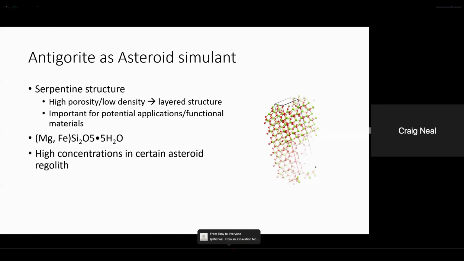It can also take chemicals out of the environment in the same manner, and can also be used as an energy material because of the porous structure, allowing for charge transfer and sequestration of charged ions. So Antigorite is a silicate, and a hydrated silicate that also contains magnesium and iron.